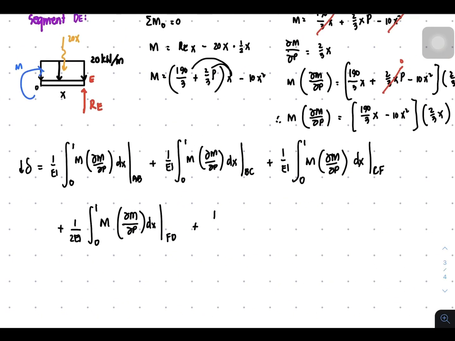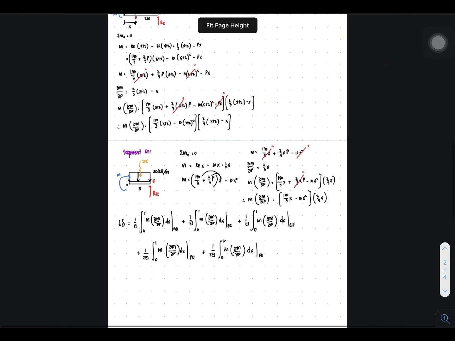Then plus 1 over 2 EI again for segment D to E. So m times the partial derivative dx. So this is for DE, with limit 0 to 2.